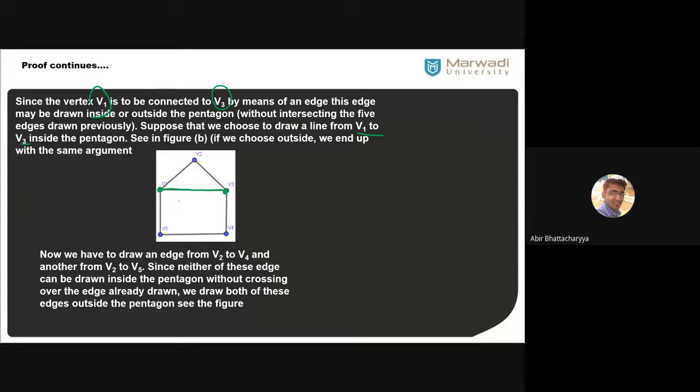Now we will try to join. Now look at this. We have to draw the edges from V2 to V4 and V2 to V5. If I join these two, that will create a problem. There will be an edge crossover.